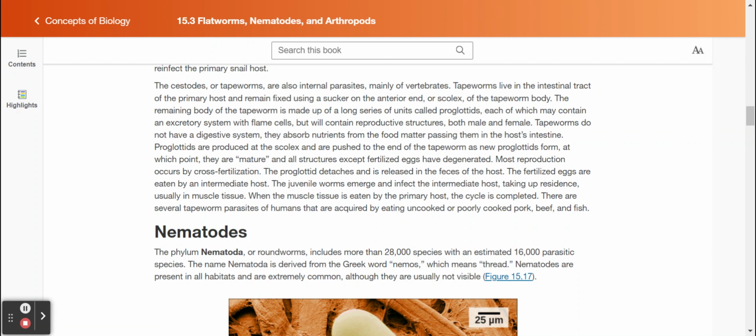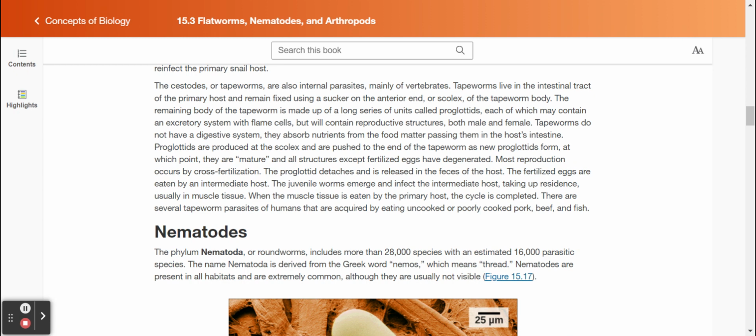Proglottids are produced at the scolex and are pushed to the end of the tapeworm as new proglottids form, at which point they are mature and all structures except fertilized eggs have degenerated. Most reproduction occurs by cross-fertilization. The proglottid detaches and is released in the feces of the host. The fertilized eggs are eaten by an intermediate host.